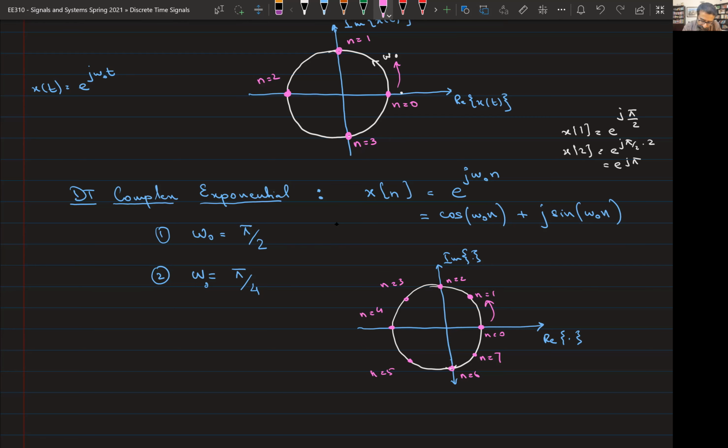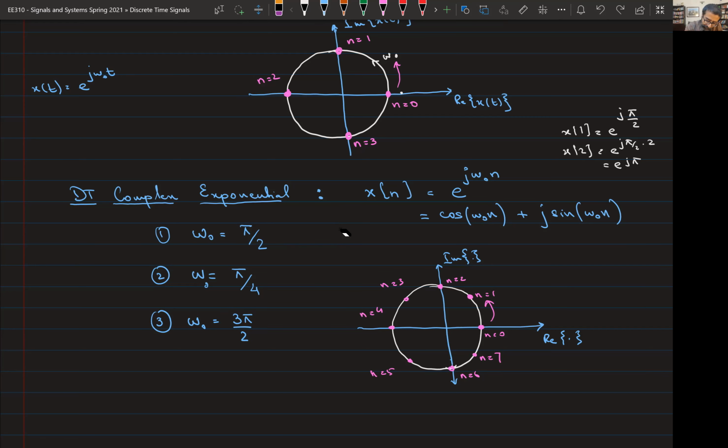Let me now discuss how things become interesting. Let's say this omega naught, I increase the frequency beyond pi by 2 and say, let's see, 3 pi by 2, which is 270 degrees. See if I can get rid of these. Oops.